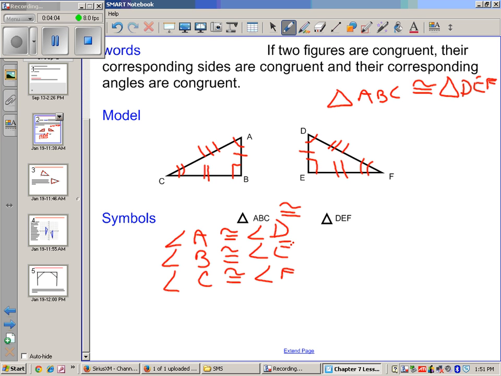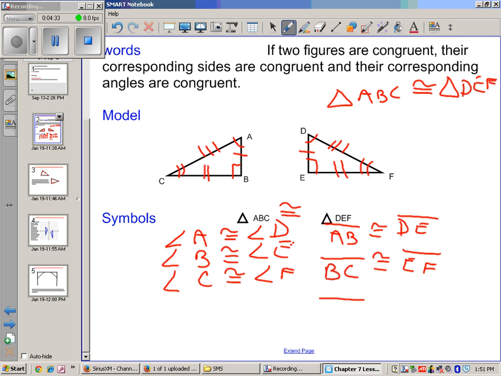Now on our sides, we're going to do our sides. First we're going to go side AB, and our little line segment there is congruent to DE. Now we're going to go our side BC is congruent to side EF.